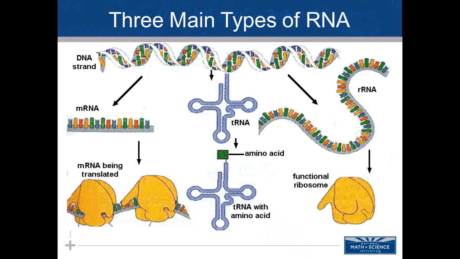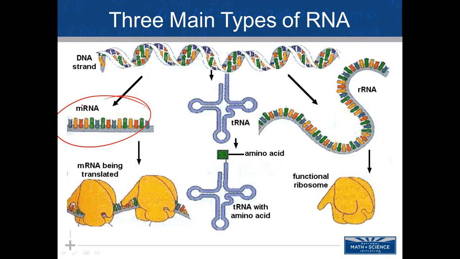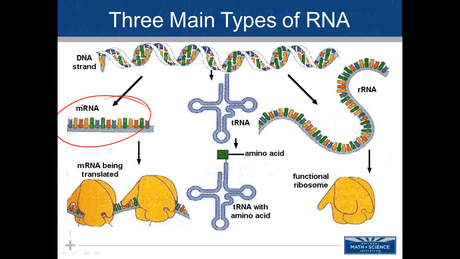Alright, so there are three main types of RNA. However, as time goes on, we are finding that there are more and more uses for RNA. Okay, so first off, there is messenger RNA. Messenger RNA carries the information from the DNA gene out to the cytoplasm, and it's used as a template or a pattern to determine the sequence of the amino acids for a particular protein or polypeptide chain.